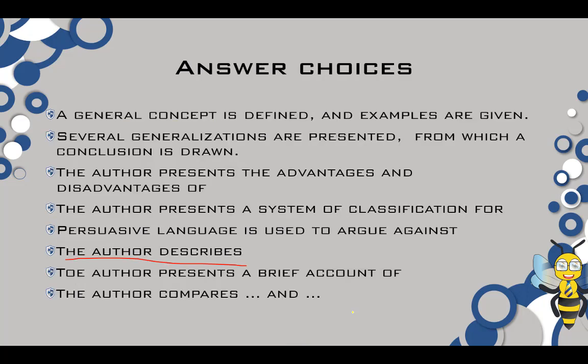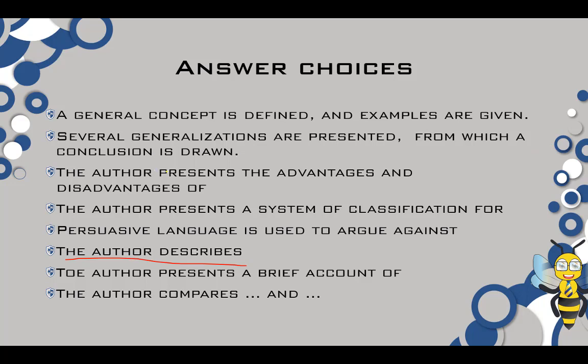So in this case, the answer choices could be like, a general concept is defined and examples are given in paragraph number 5. Okay? This is the type of questions or answers, I'm sorry. Several generalizations are presented from which a conclusion is drawn.